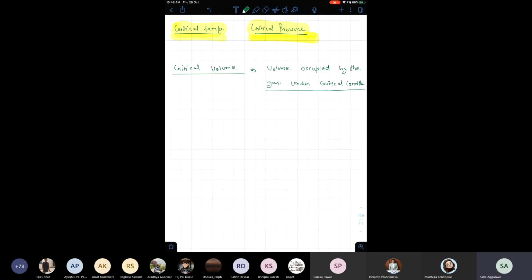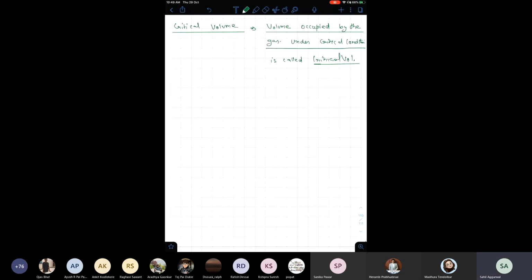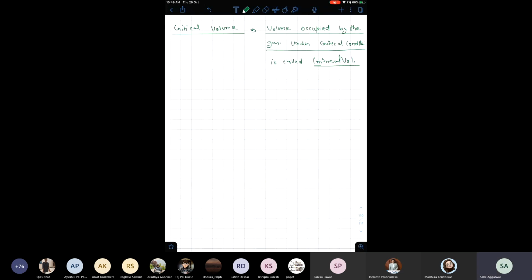Critical conditions मतलब critical temperature and pressure. The volume occupied by the gas under critical conditions is called critical volume.